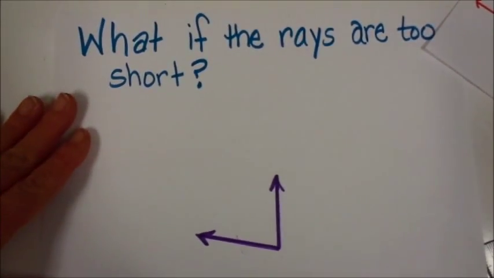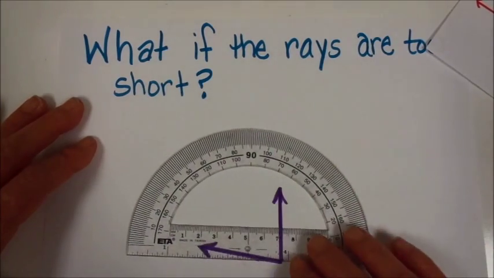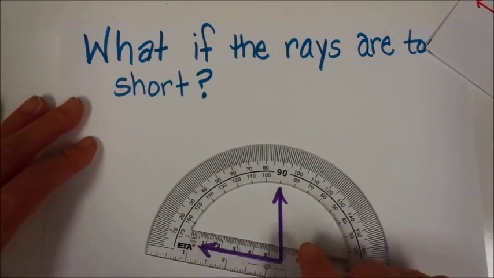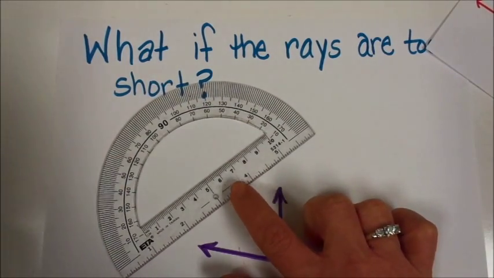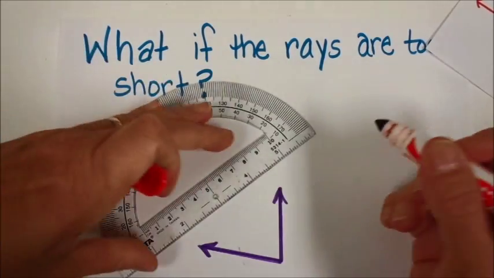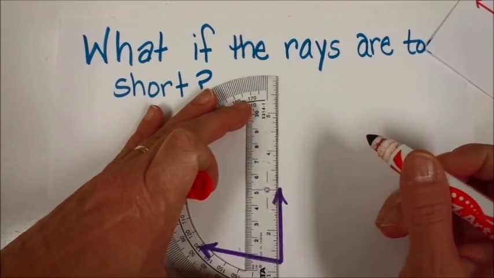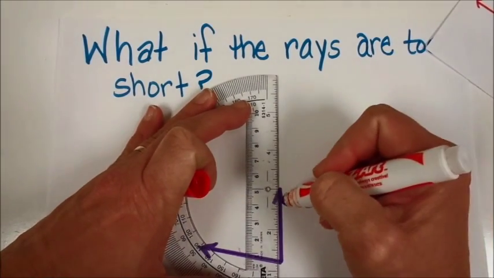Another challenge that you might face is they might give you an angle that is too small to be read by your protractor because the rays are not long enough. The good news is the bottom of your protractor can be used as a straight edge. So you can use the edge of your protractor to extend your lines.